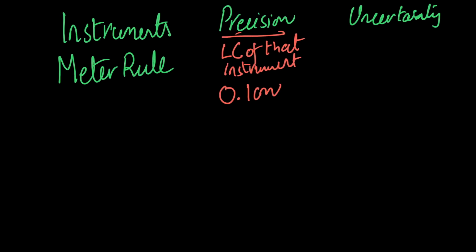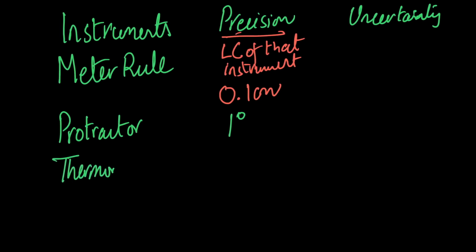So that's meter rule. Then you also have a protractor in the lab. A protractor has a precision or a so-called least count of 1 degree. And then you have thermometers in the lab. Thermometers have a least count of 1 degree Celsius.